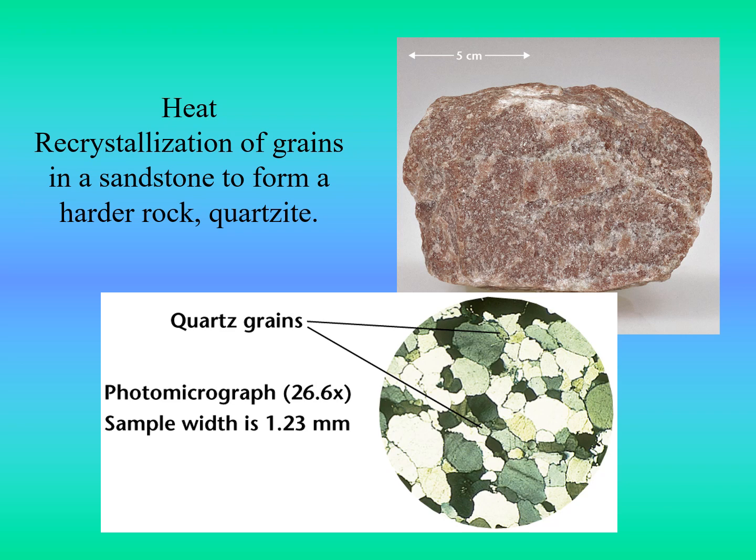So if you're heating up rock by heat alone, so no tectonic forces at all, what you begin to get is a recrystallization of the grains in a sandstone here, for example, and that forms a harder rock called quartzite. So what's happening there?